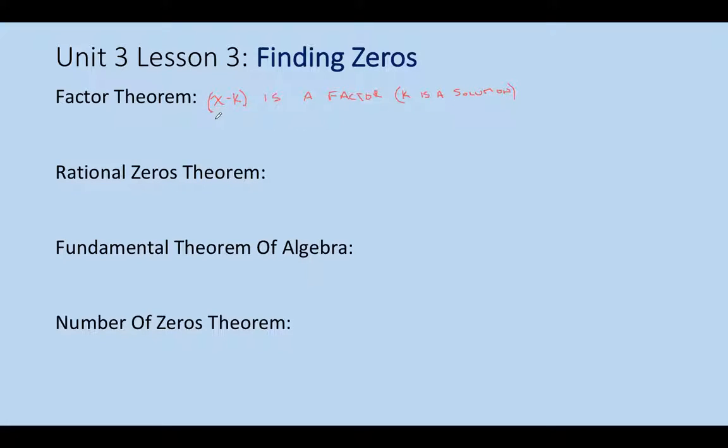So again, like using the zero product property, it would be the opposite of whatever we saw here in that spot. If and only if f of k is equal to 0. And so this is also a connector to the remainder theorem that we talked about in the last lesson. So that's just kind of another way of stating that.